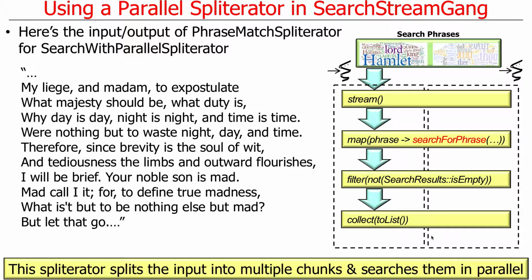Here's the big picture view, and then we'll dive into the code. But first, you have to understand it at a high level. Let's imagine we have a given work of Shakespeare, like Hamlet, and we want to search for a phrase and see if we can find it. So what the spliterator is going to do is split the input string up into multiple chunks.